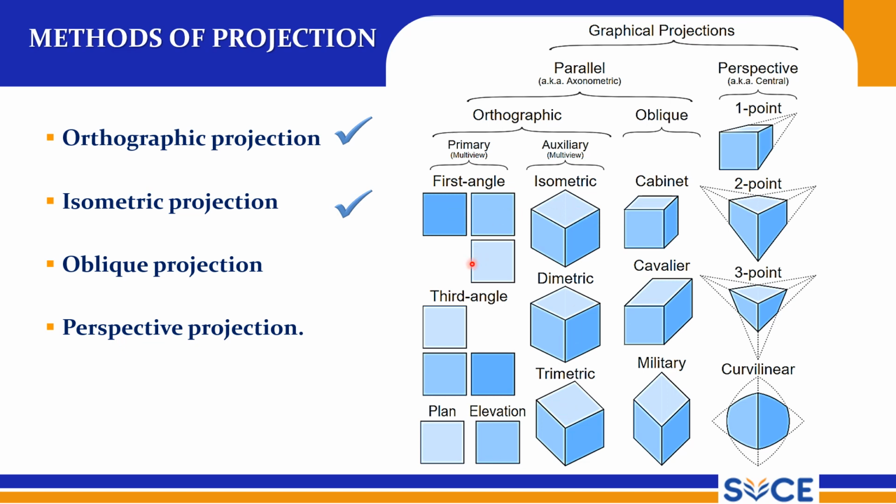This is the first angle projection, this is the third angle projection, and plan and elevation are drawn separately. These are the methods in multi-view projection. The first angle projection we have used all along, whereas here I am introducing the three-dimensional projection under the isometric concept.